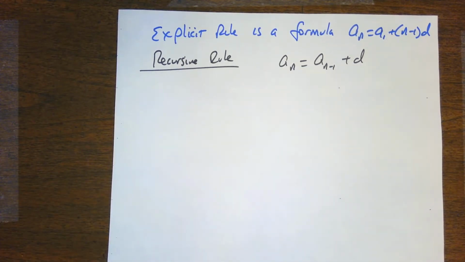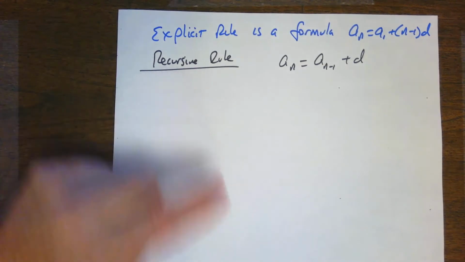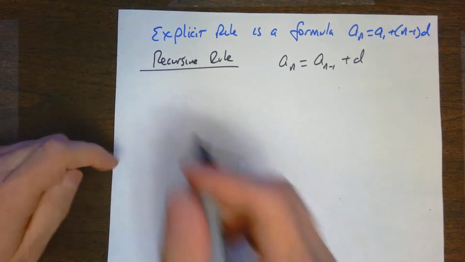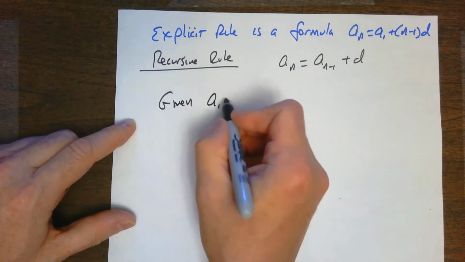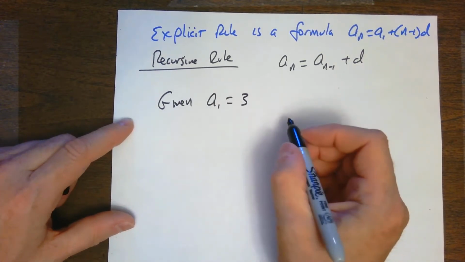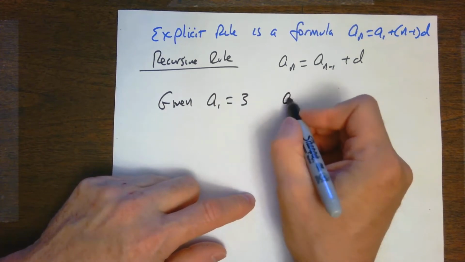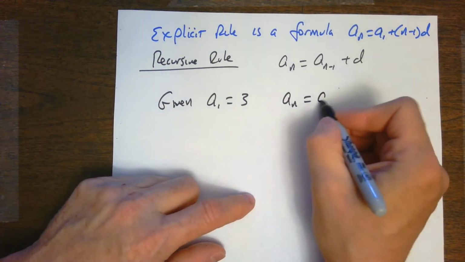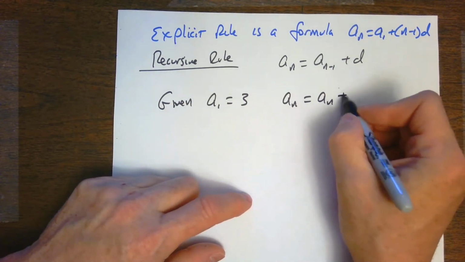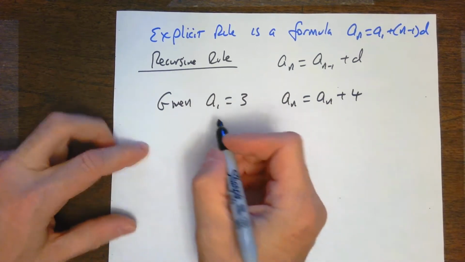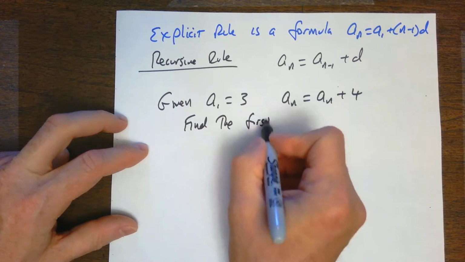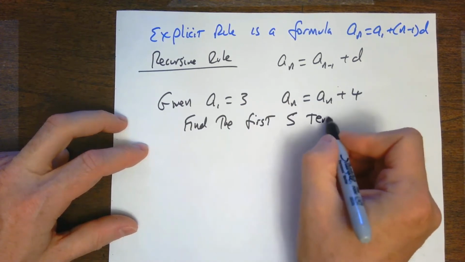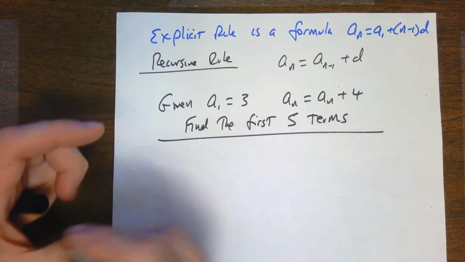So let's take a look at a recursively defined sequence. Given that the first term is 3, and any term after that is a sub n minus 1 plus 4, find the first 5 terms.